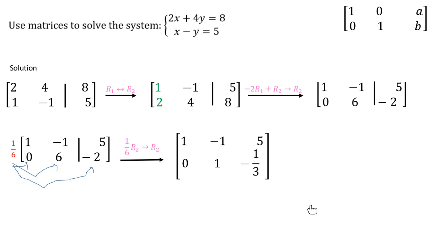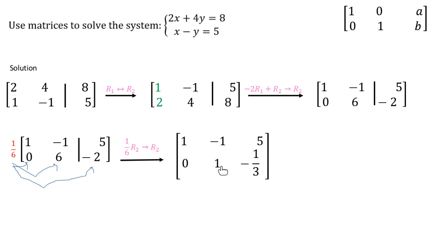Okay. So at this point, what we're using is also called Gaussian elimination. And so from here, you could already solve the system, because for sure we know that this row here is telling me that y is equal to -1/3.